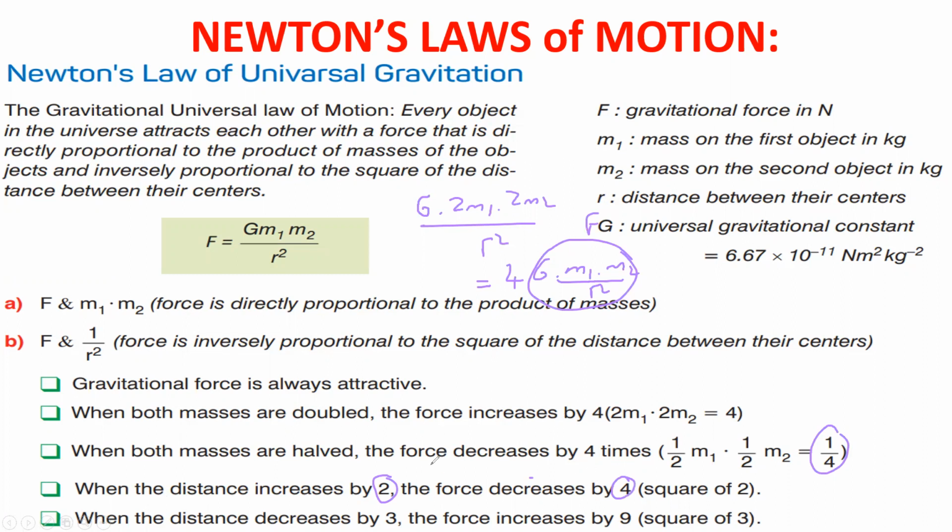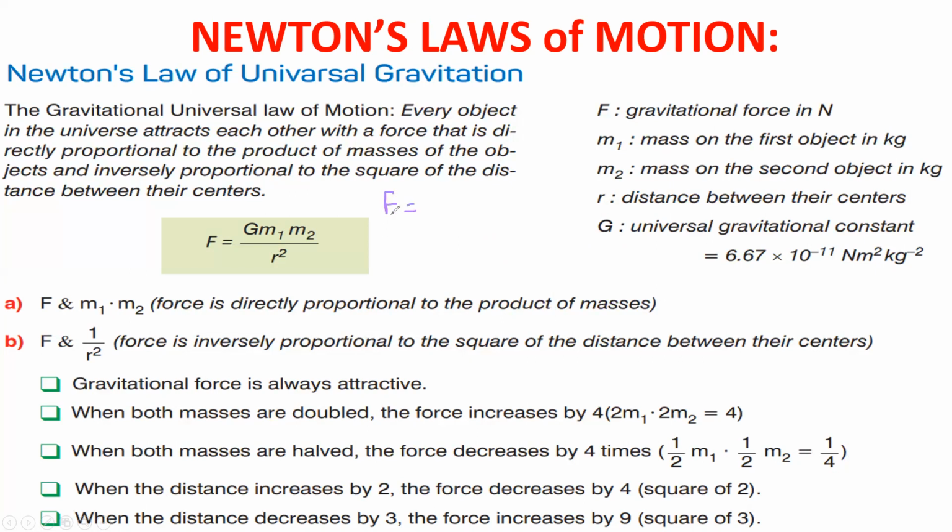Do you remember we said just make 1 over 2 and 1 over 2, and then square, 1 over 2 squared is equal to 1 over 4. But it's coming from this formula. How is it coming? Let's try to explain. If you double the distance, what's going to happen? You write 2r. Okay, let's write here.